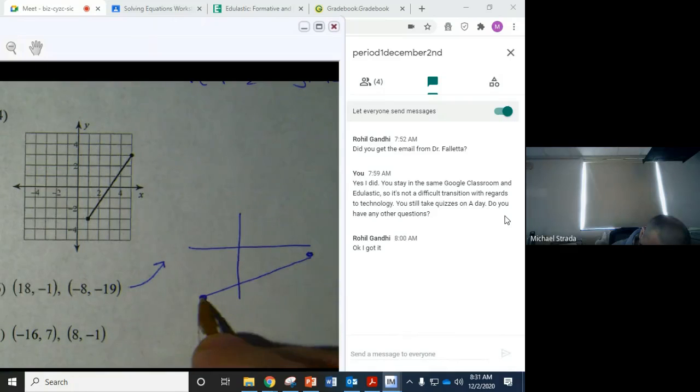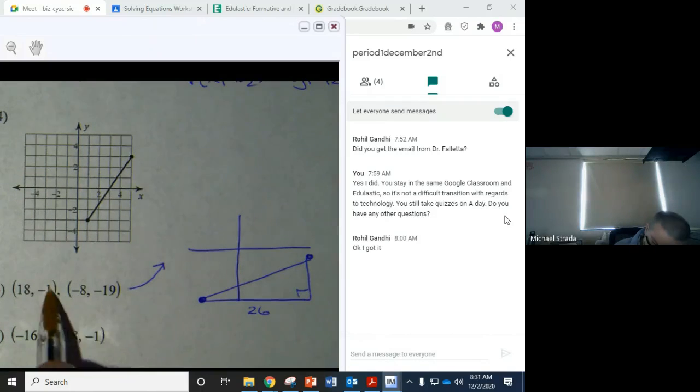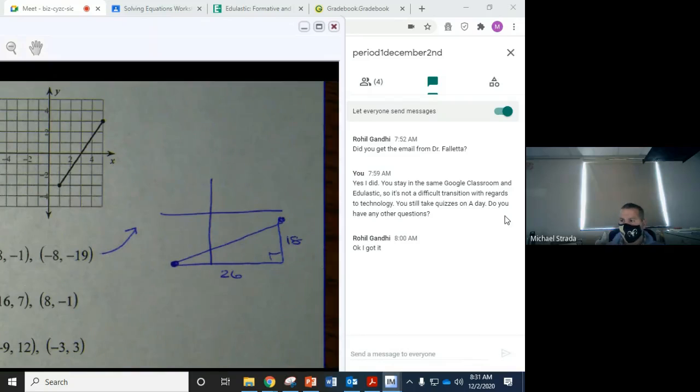There's your triangle. From 18 to negative 8 has a value of 26. From negative 1 to negative 19 has a value of 18. And then you can just label your answer or show your work. It's completely up to you.